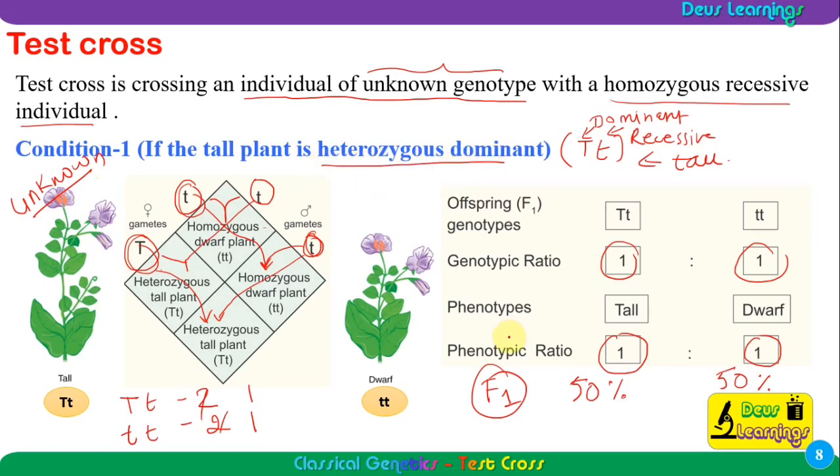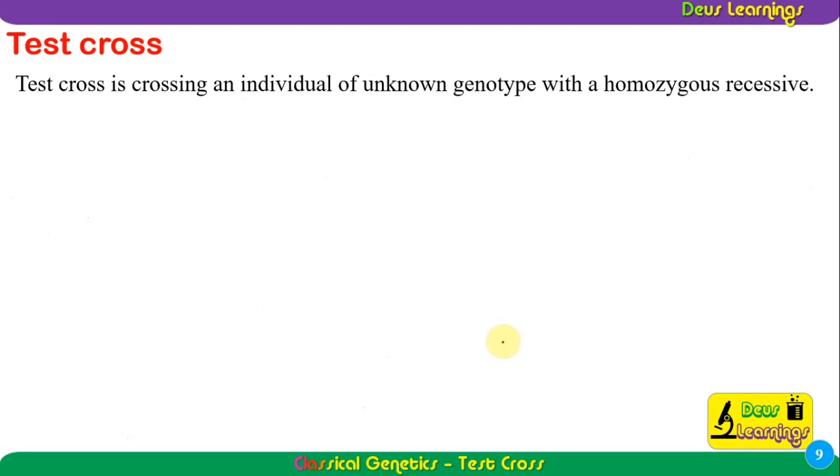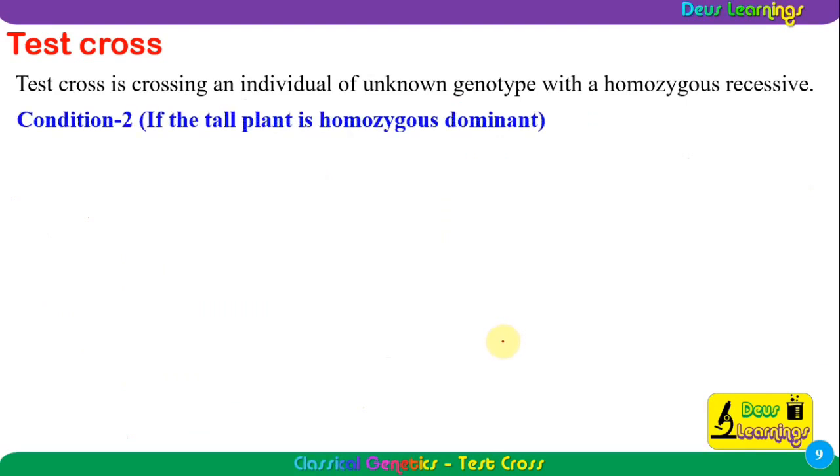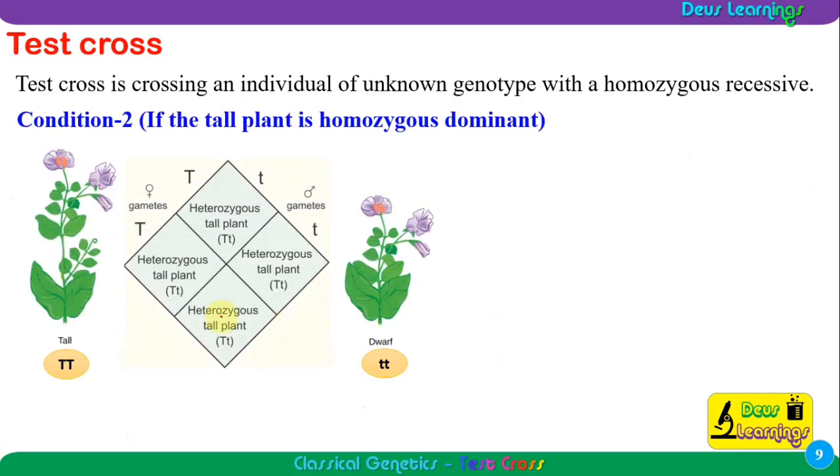Okay, let's see condition 2. In condition 2, the plant is homozygous dominant, but it's unknown; we don't know that. So let's cross it. If we cross, what do we get? We get the heterozygous dominant character.